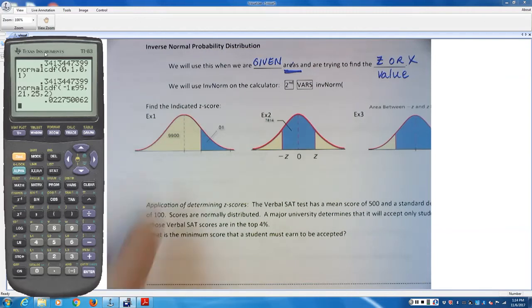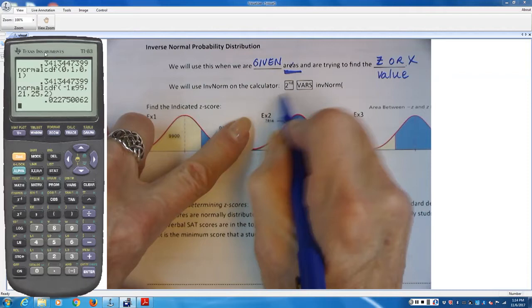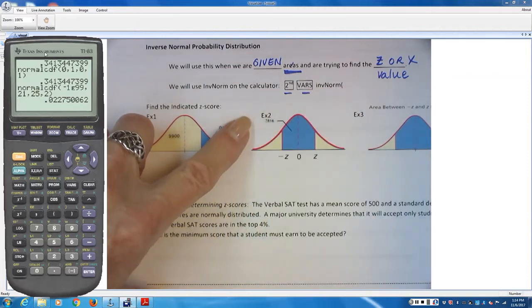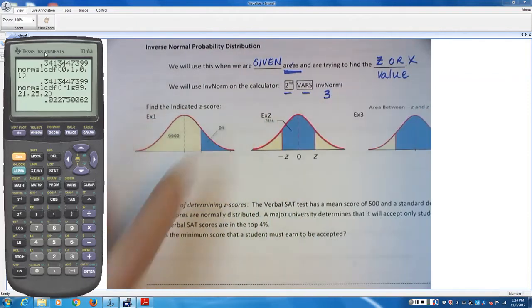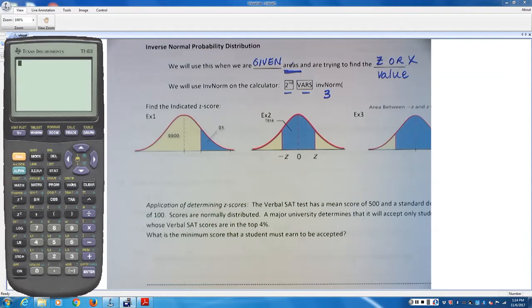And we're going to use this part of the calculator, second vars, to get to your distributions menu. And this is option number 3, inverse norm. So going second vars, we're going to go down and choose number 3, inverse norm.